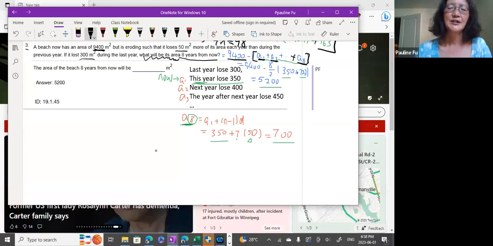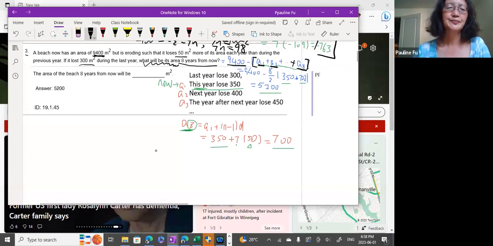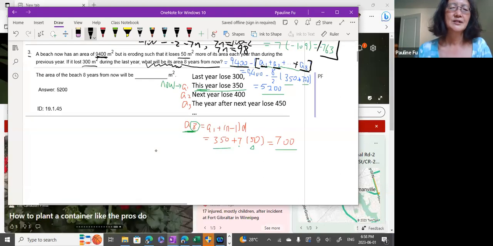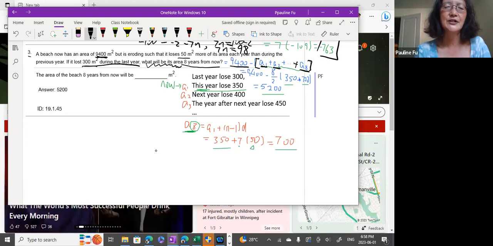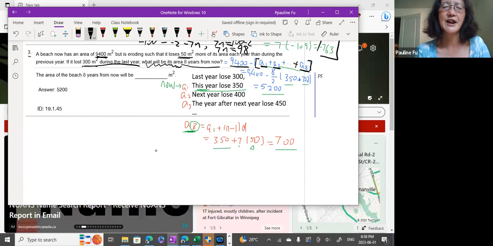The given information says it lost 300 last year. And it loses 50 more of its area each year than during the previous year.